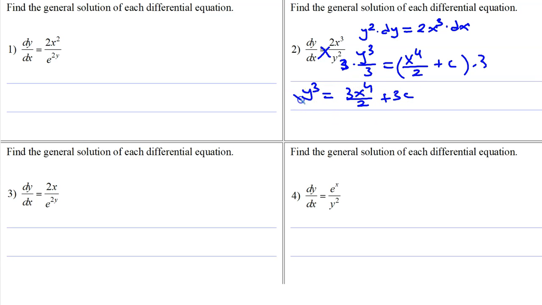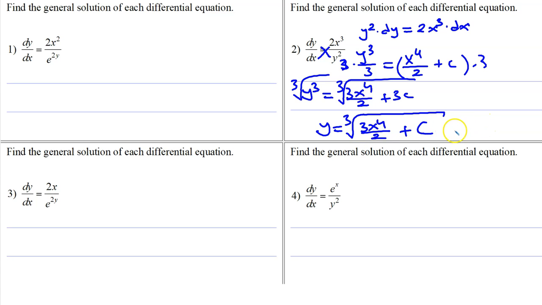Alright, and then if I take the cube root of each side, we get y is equal to the cube root of 3x to the 4th over 2 plus capital letter C, because if I set this 3c equal to the capital letter C, because these are constant numbers, it doesn't matter what they are.